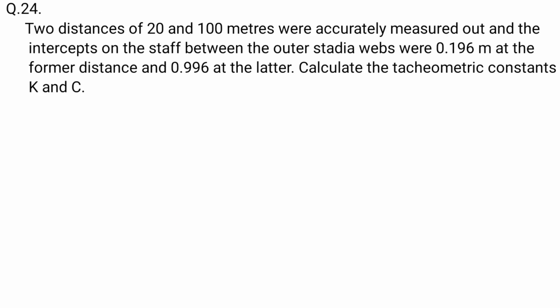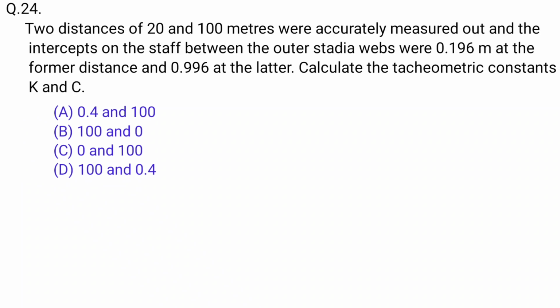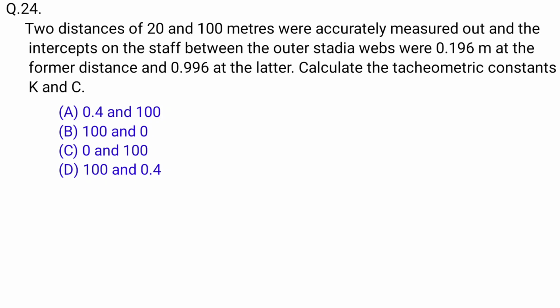Next. Question number 24. Two distances of 20 and 100 meters were accurately measured out and the intercepts on the staff between the outer stadia webs were 0.196 meter at the former distance and 0.996 at the latter. Calculate the tachymetric constants K and C. Options. A. 0.4 and 100, B. 100 and 0, C. 0 and 100, D. 100 and 0.4.